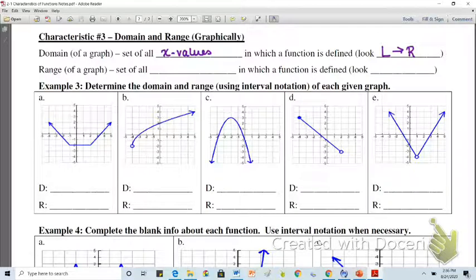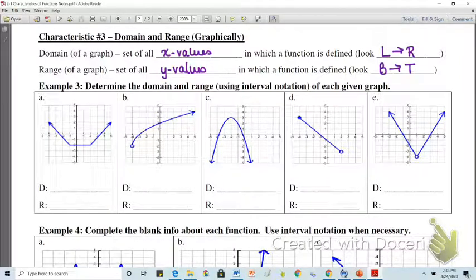Your range is your set of all y values. And for that, you are going to look bottom to top. If you have a hard time remembering which one is domain and which one is range, think they're in alphabetical order. X comes before Y, D comes before R.